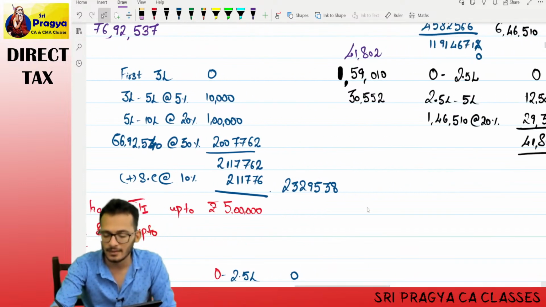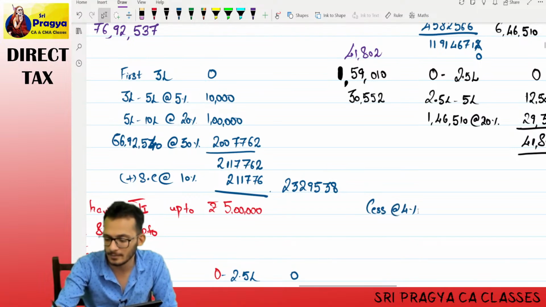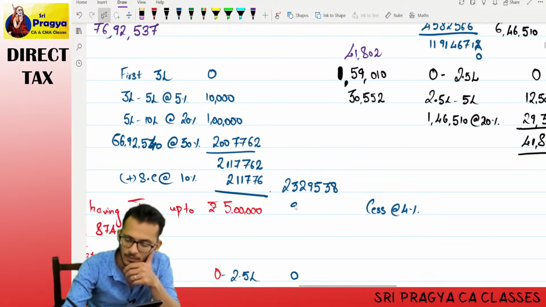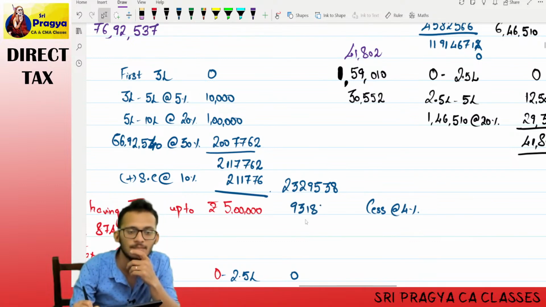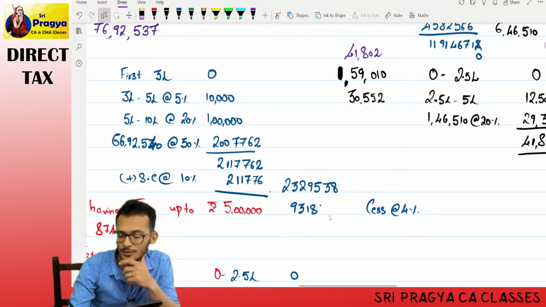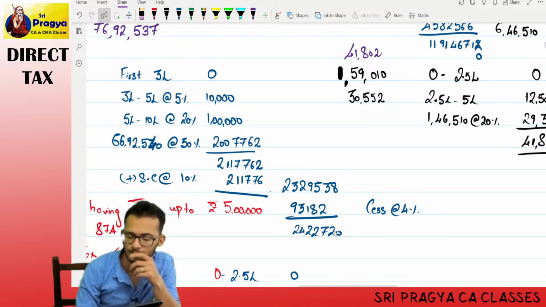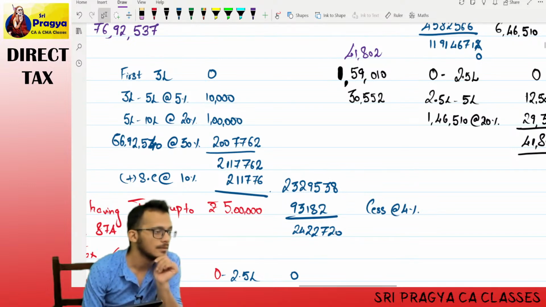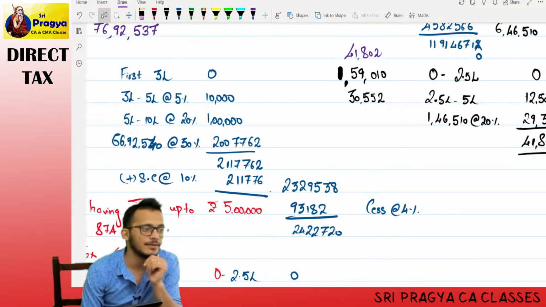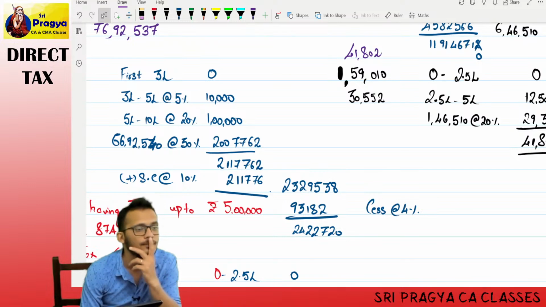On this you will add cess at the rate of 4%. Number is 93,181. The total is 24,22,720.